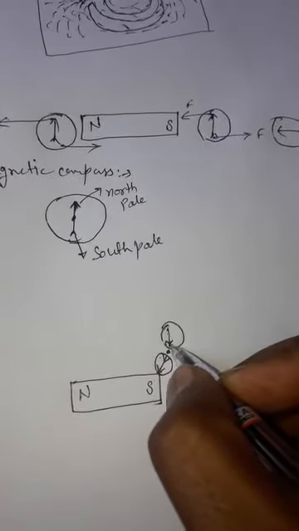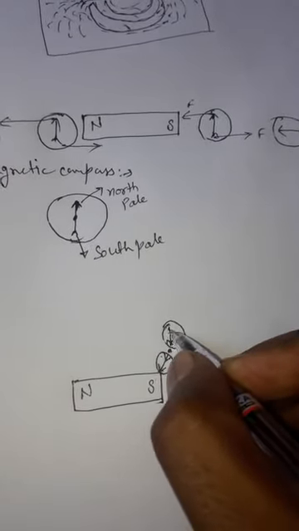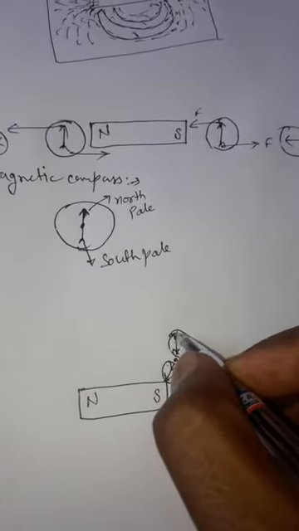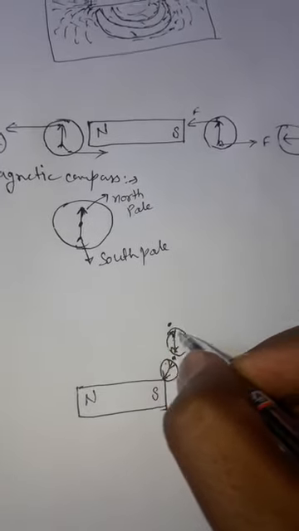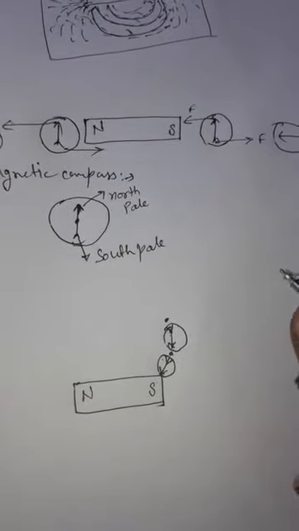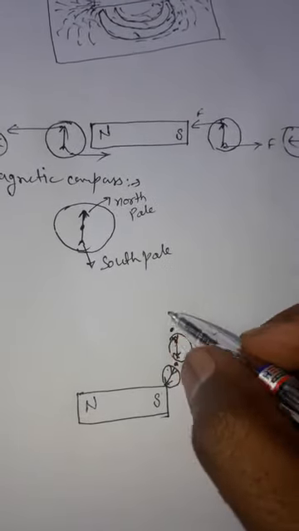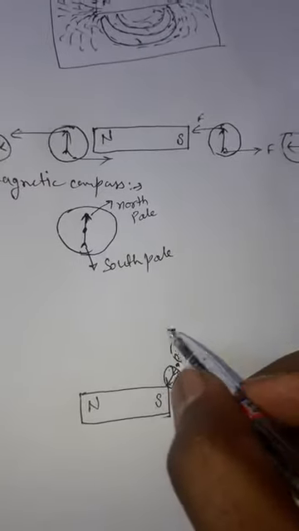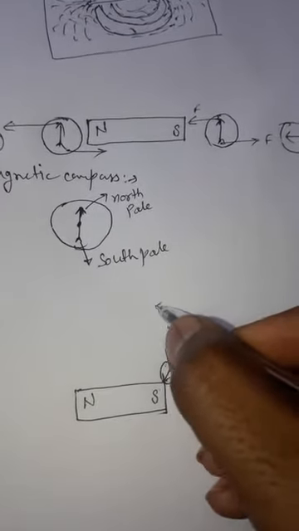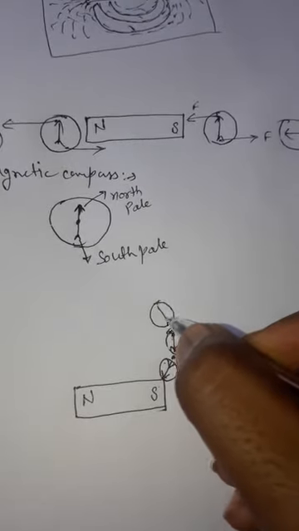This head touches the dot, and now again we mark a dot at the tail of the compass. We can repeat this process again and again, and we get a pattern like this.